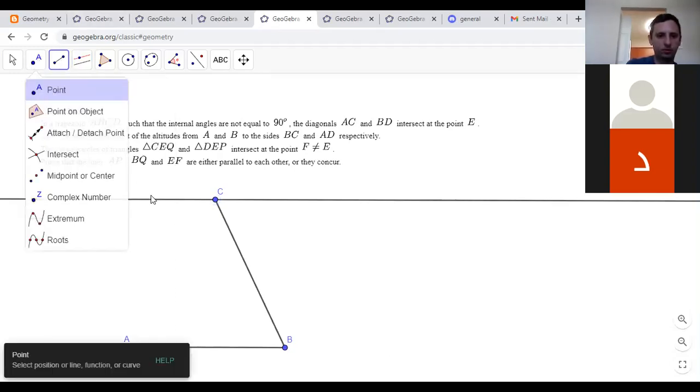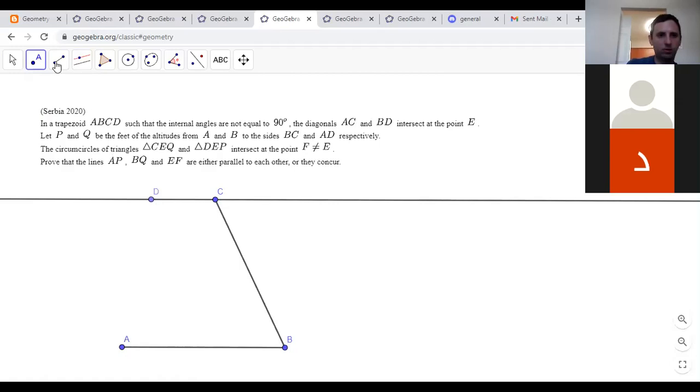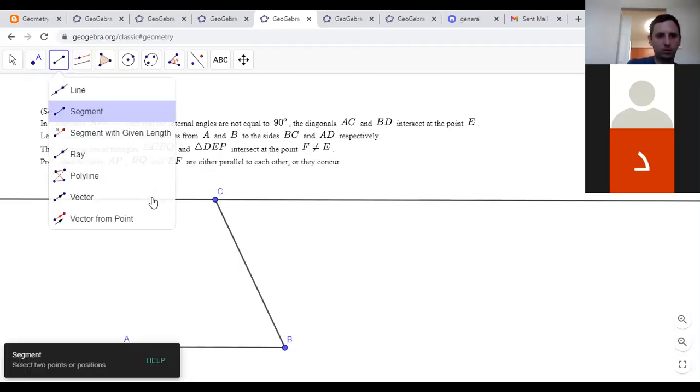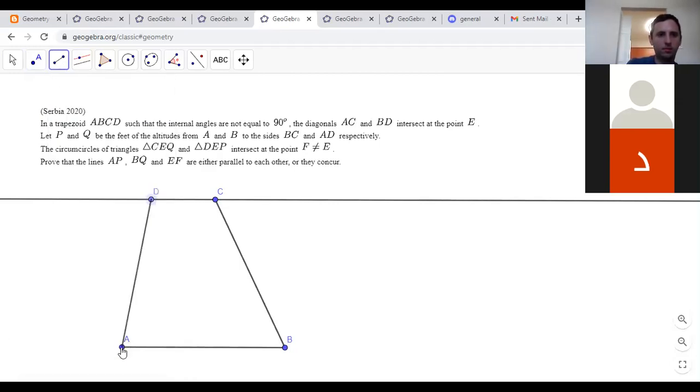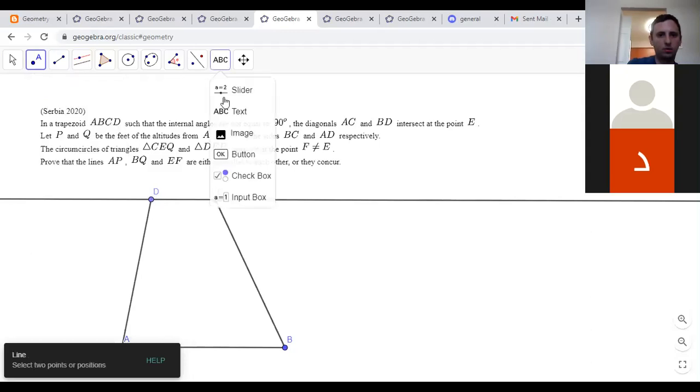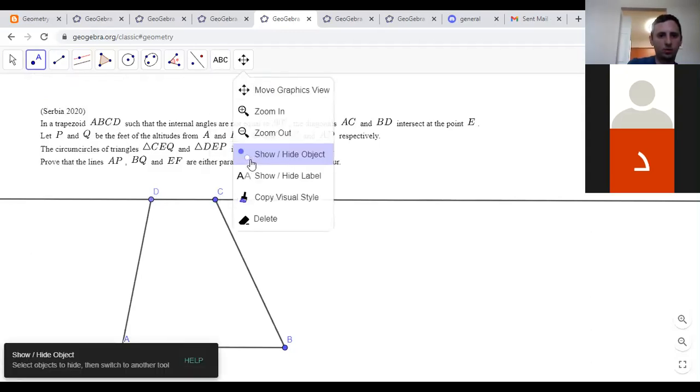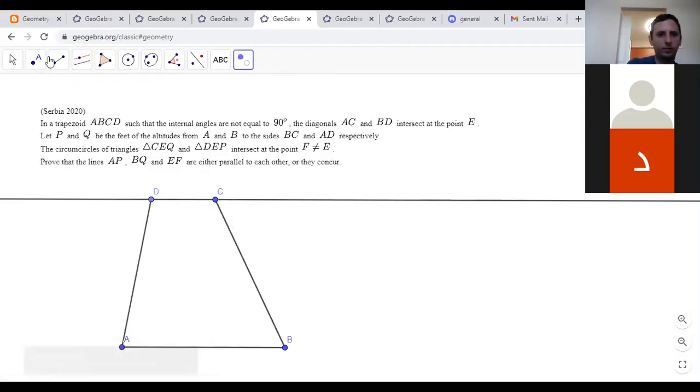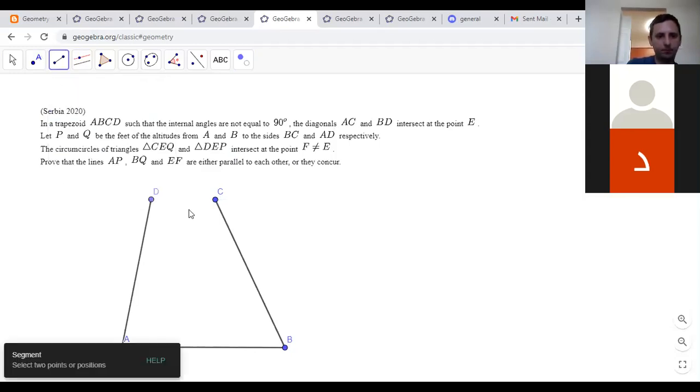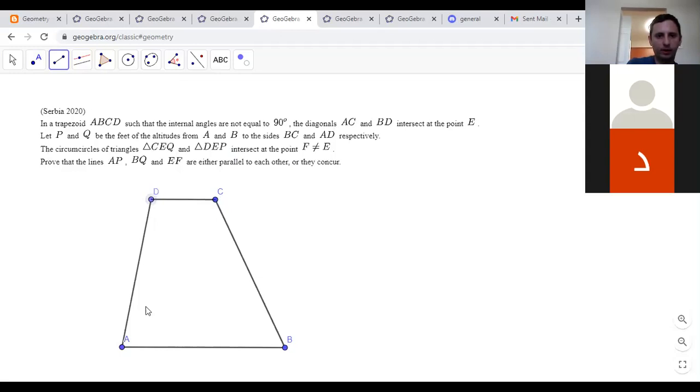And so AC and BD intersect at E. I keep forgetting to maximize. Oh well.